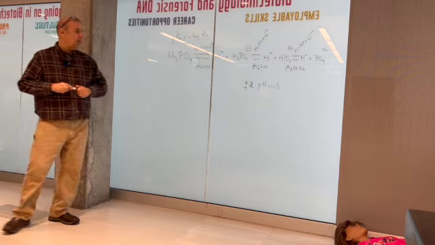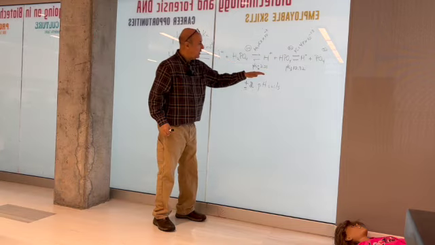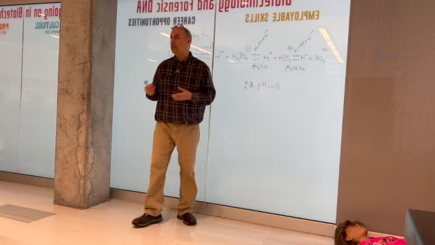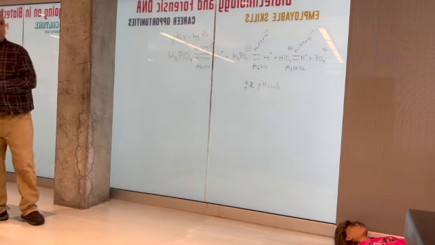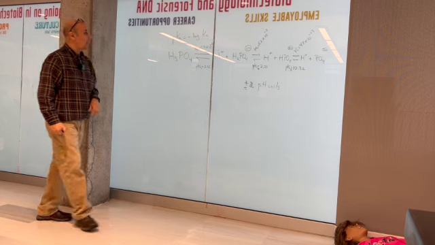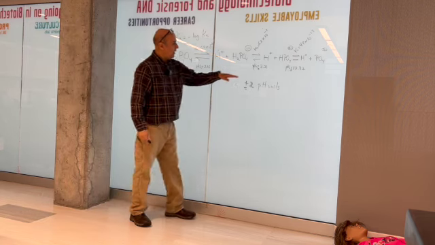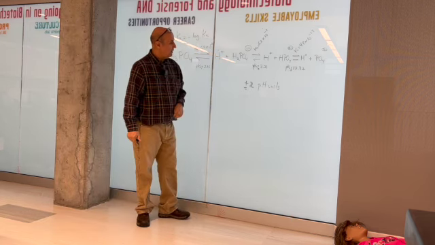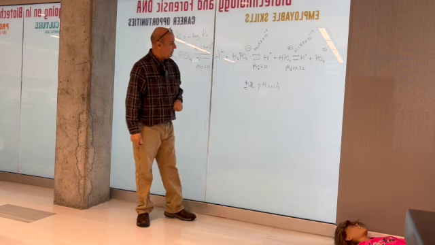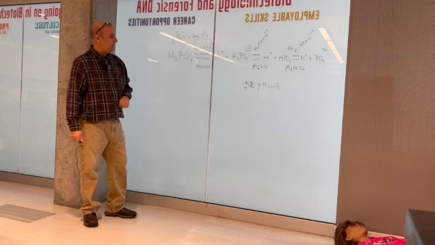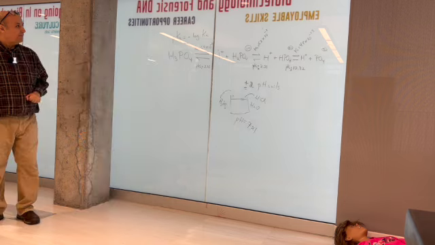It's still buffering, but after that, the change in pH is going to be so drastic that it's going to ruin your reaction. So you cannot afford to add that much acid or that much base if you are keeping the pH around 7, because of that buffering capacity being limited by the 2 pH units that I just mentioned.